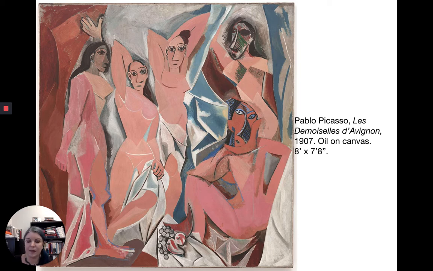It builds on the ideas of Cezanne. Remember in Post-Impressionism when I talked about Cezanne and how he's important to the Cubists? The thing he was interested in that is important to the Cubists is this idea about portraying a form, an object or a figure, from multiple views simultaneously, from multiple vantage points all at the same time on a flat surface.